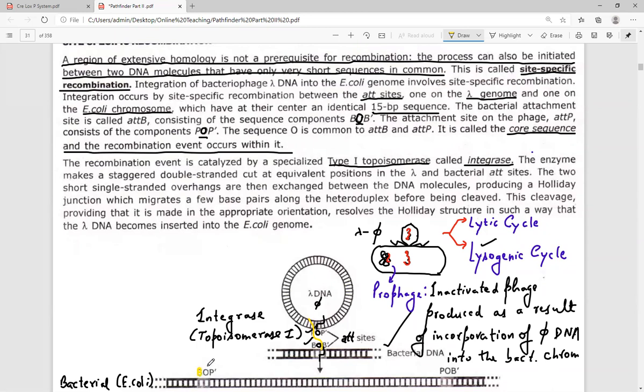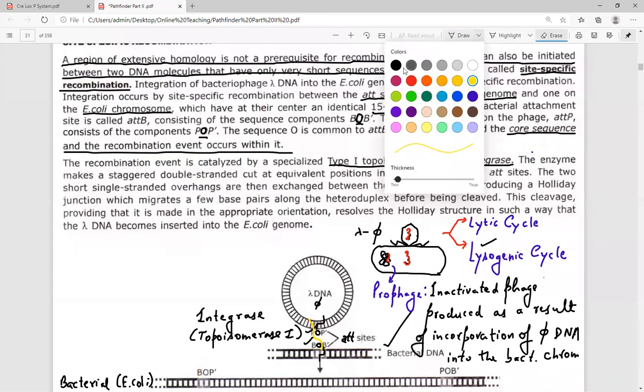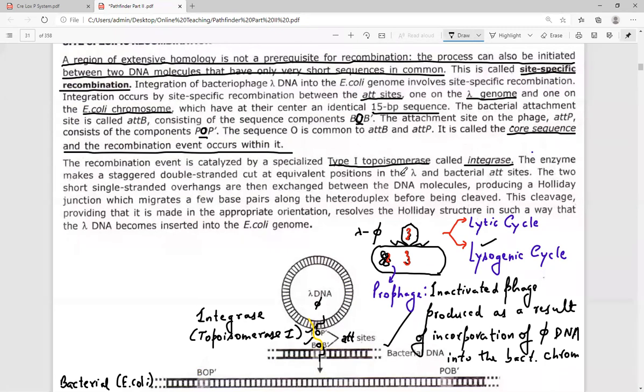BOP'. See this? The sequence of the genes that would be produced will be BOP', another BOP', and when the circle is completed, then it would be P'OB'. Or BOP', BOP', and POB'. These are the two sequences that will be made.